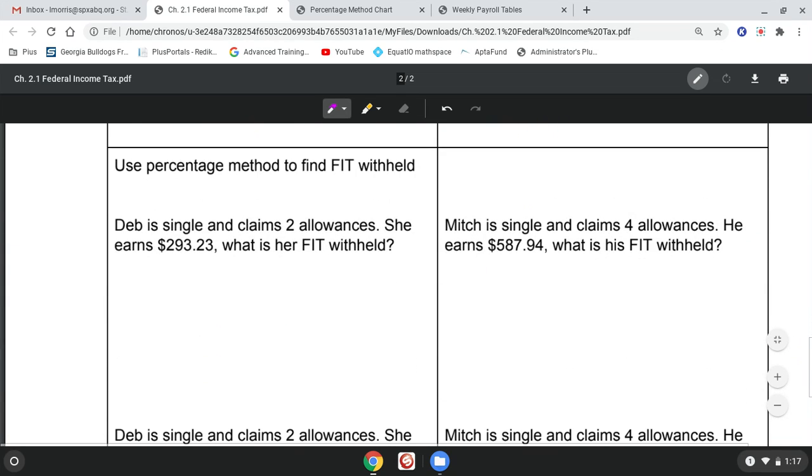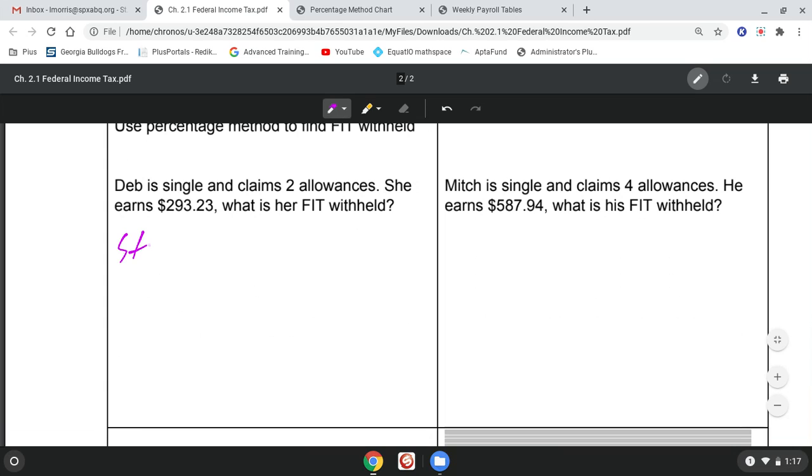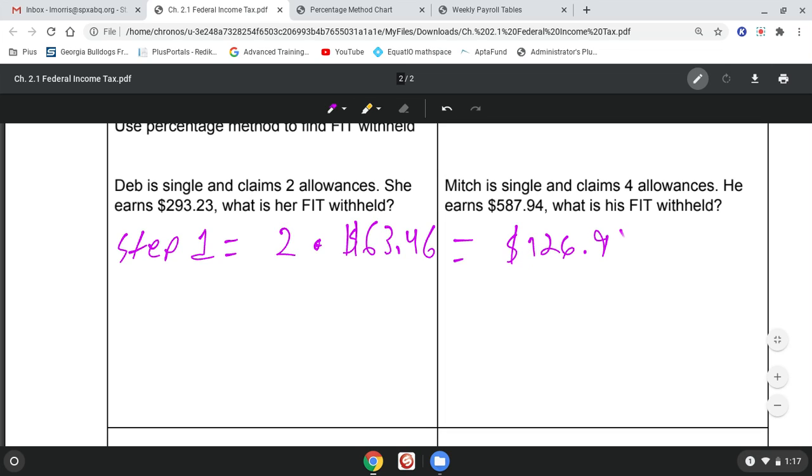So step 1, we take our allowances times $63.46, and that's 2 times $63.46. That's going to give me $126.92.